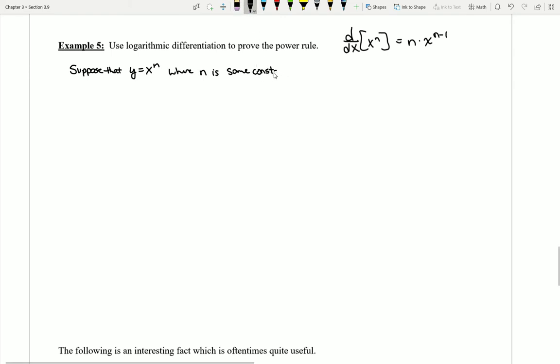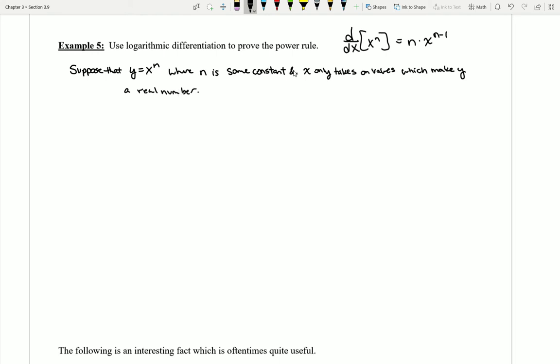So n is just some constant. And we'll say that x only takes on values which make y a real number.